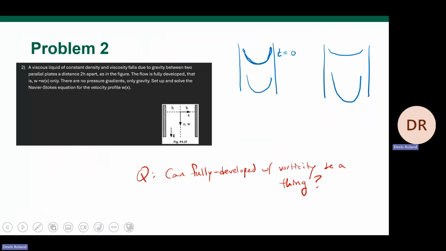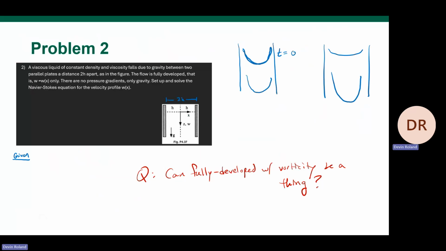So we'll list our givens. The problem says a viscous liquid of constant density and viscosity falls due to gravity between two parallel plates a distance 2h apart, as in the figure. So we have this distance here, 2h.